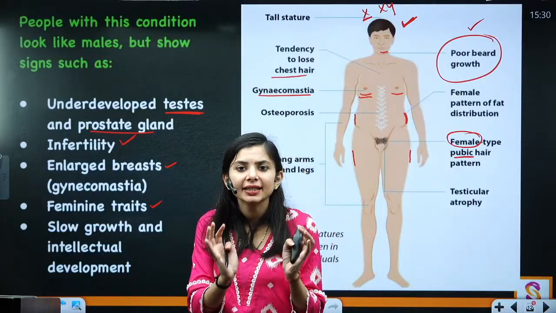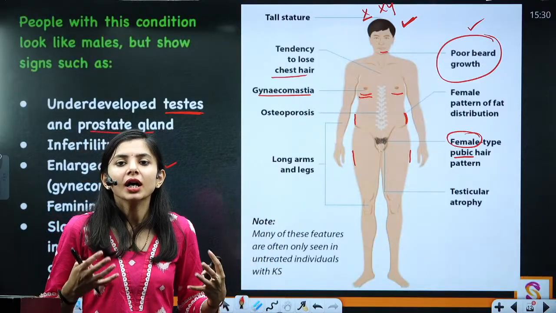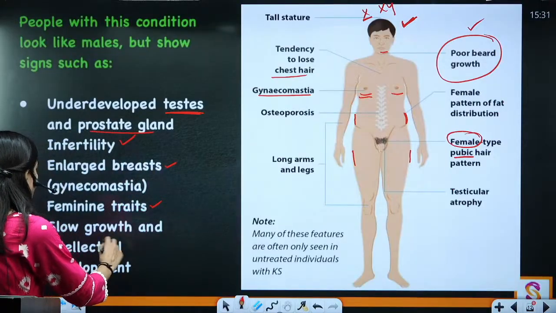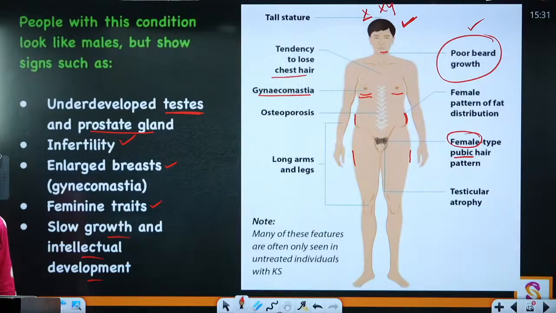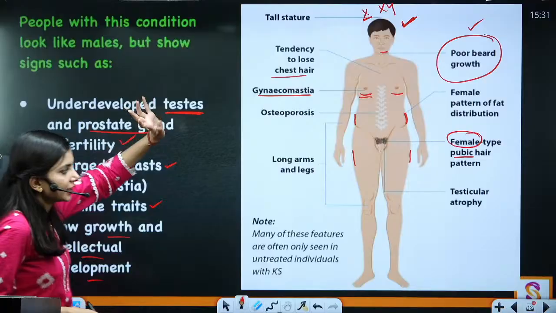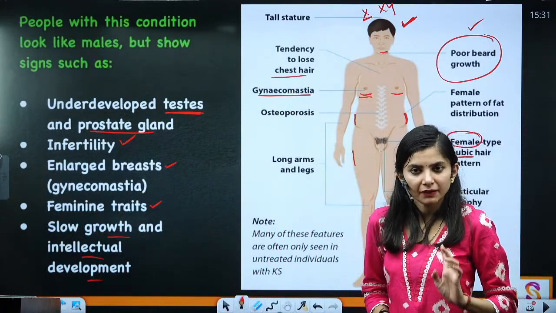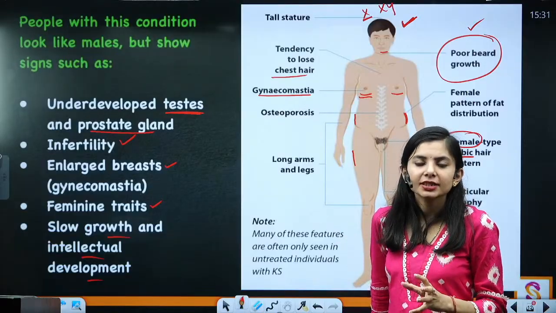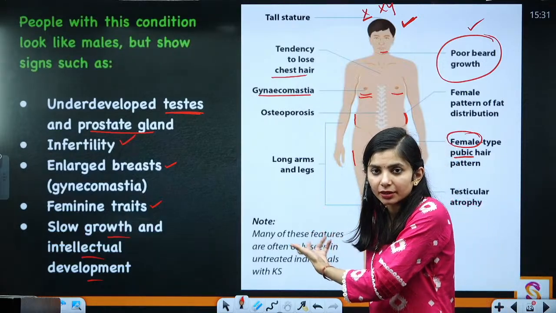Because we have categorized and stereotyped this, that females show hand movement and facial expression more and more. Another thing is they have slow growth, and their intellectual development is going to be impacted. So this is what we have in terms of Klinefelter syndrome. I hope you can understand. If you have any doubt, you can ask. Fine. So that's how we have understood these effects for a Klinefelter syndrome person.